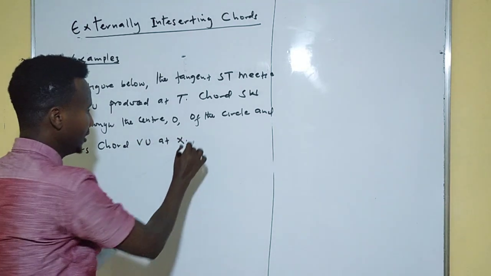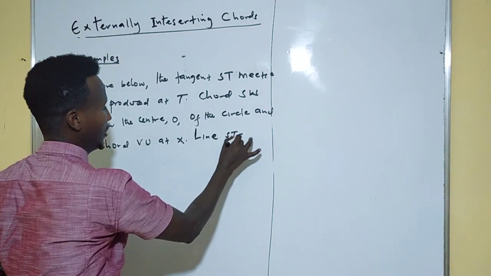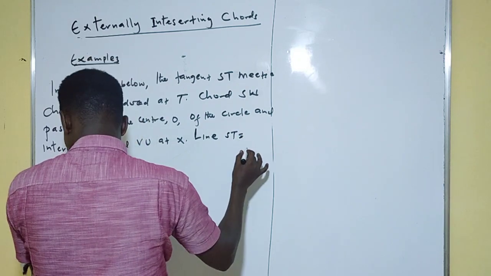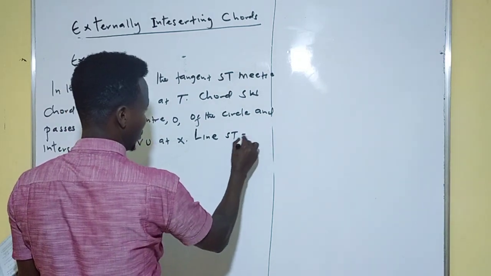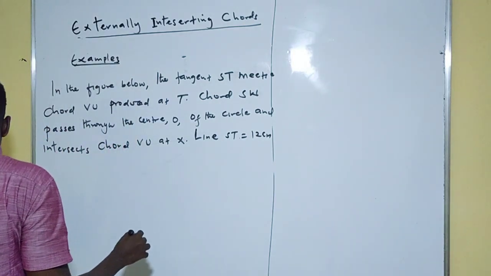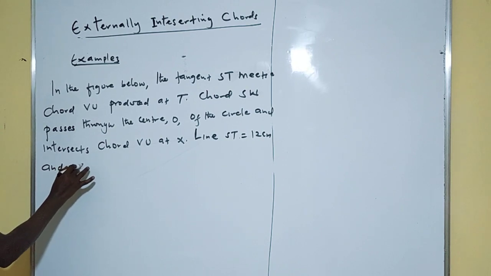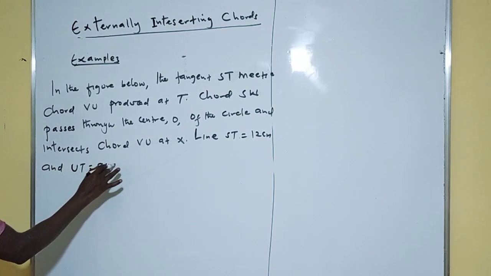Line ST is equal to 12 centimeter, and UT is equal to 8 centimeter.